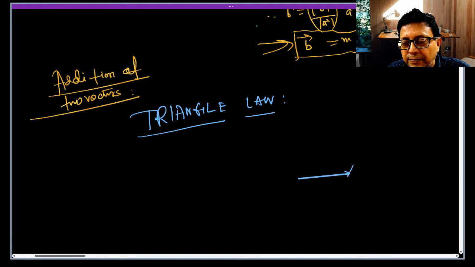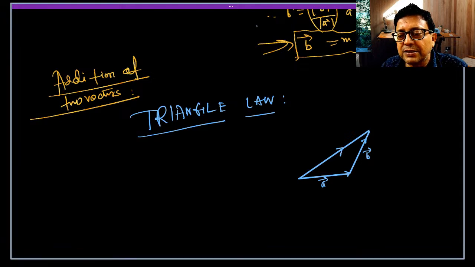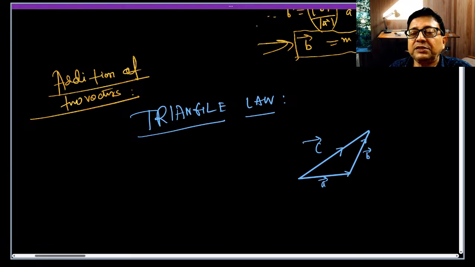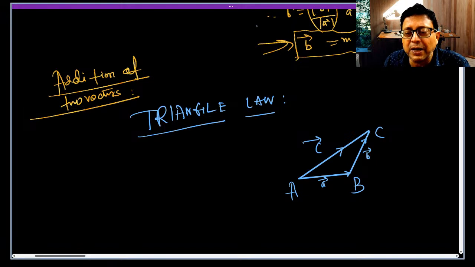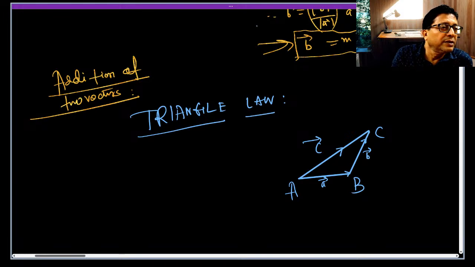This is vector A, this is vector B. Then if we add these two, we will get another vector C, which is taken in the opposite manner. If two vectors A and B are represented by the sides AB and BC of triangle ABC, then the third side taken in the opposite direction will represent the sum of the two vectors.